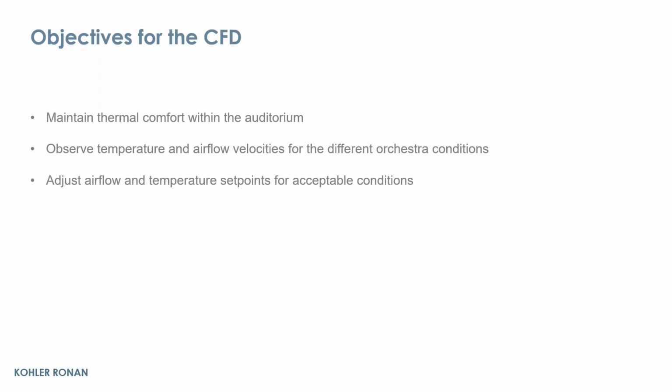So we wanted to make sure that with our design we were able to maintain thermal comfort within the auditorium. We wanted to observe temperature and airflow velocities for the different orchestra conditions, since there were lots of acoustical configurations involving baffles that would open and close depending on the type of performance. We also wanted to make sure we could adjust airflow and temperature set points to meet acceptable conditions.